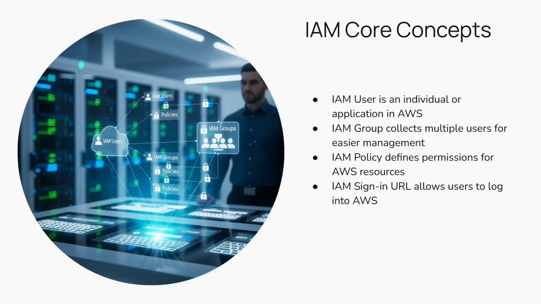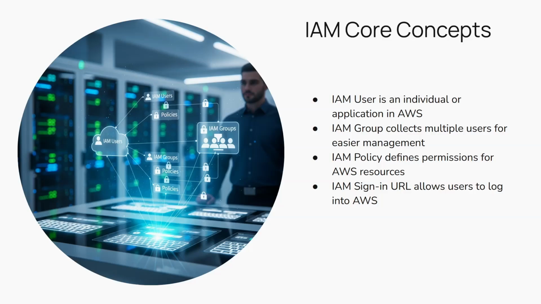When we use IAM, we deal with four key concepts: an IAM user, policies, groups, and the IAM sign-in URL. An IAM user is an individual person or application that interacts with AWS. A group is basically a collection of users, and a policy is a document that defines the permissions for a user or group.